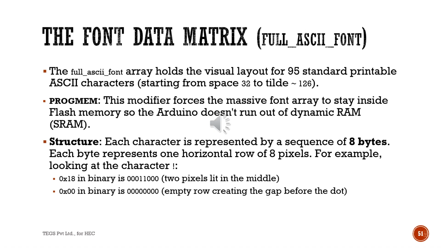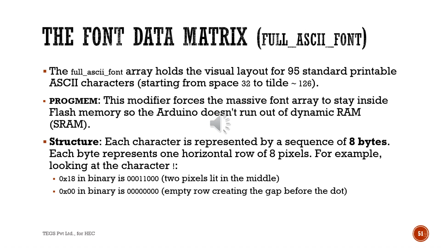PROGMEM. This modifier forces the massive font array to stay inside the flash memory so the Arduino doesn't run out of the dynamic RAM. Each character is represented by a sequence of 8 bytes. Each byte represents one horizontal row of 8 pixels. For example, looking at the character hyphen.